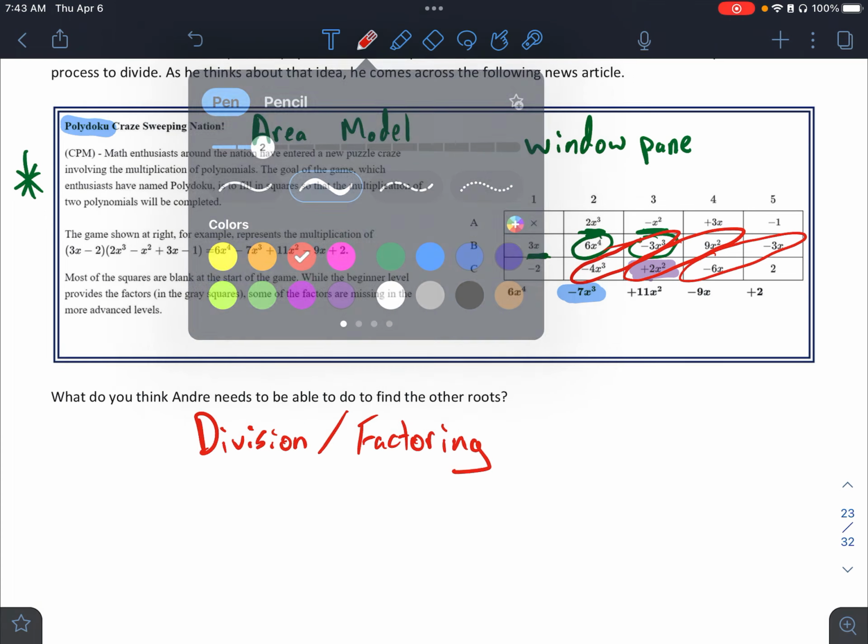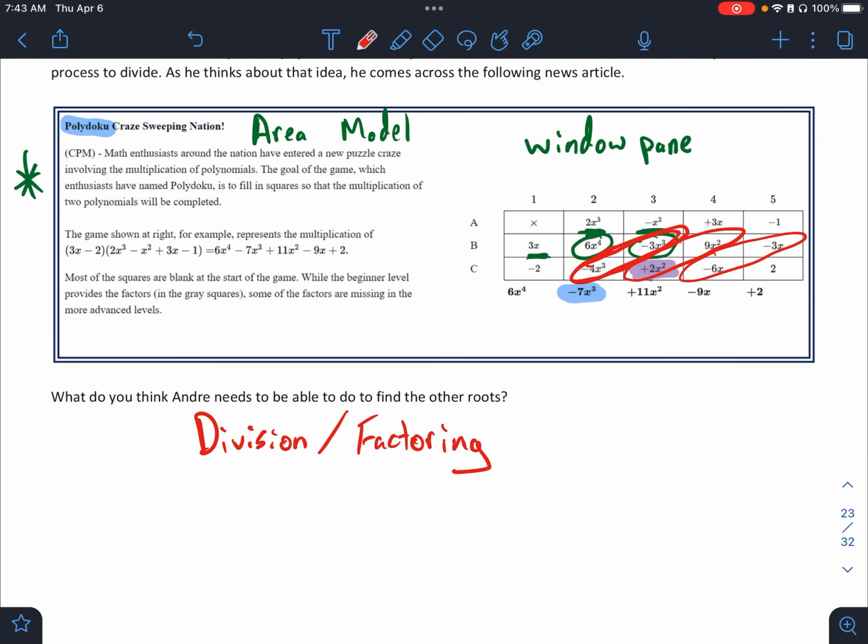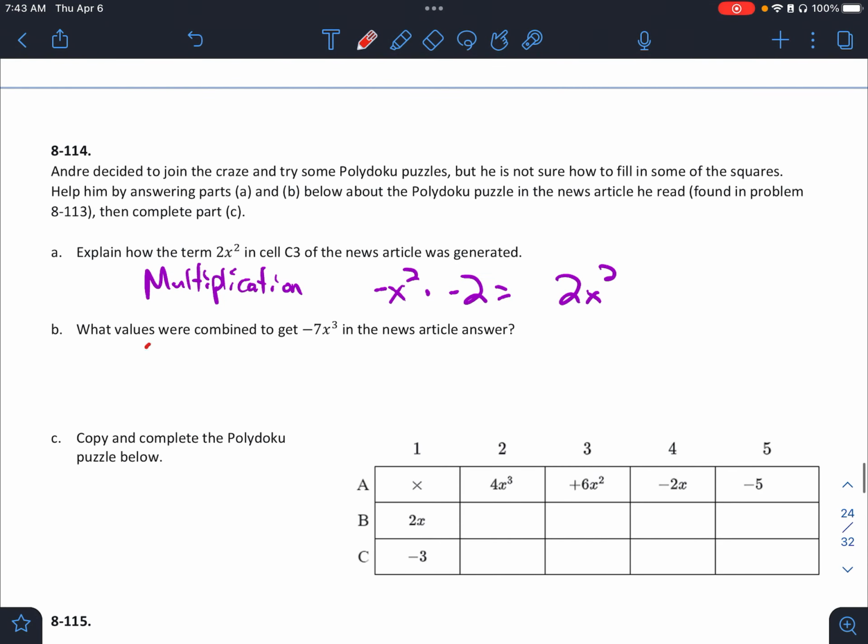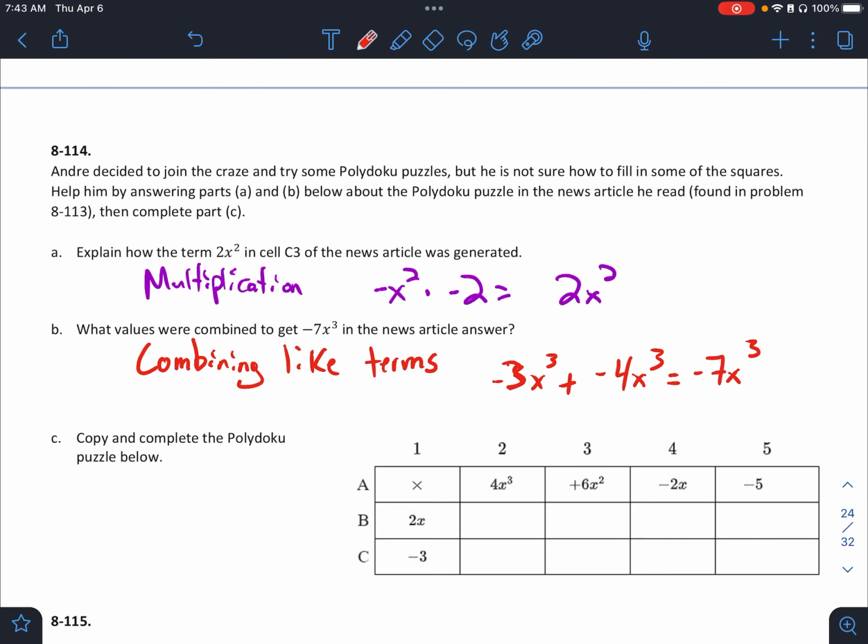Again, this is the combining of like terms after we multiplied, and this would be that negative 3x to the third plus negative 4x to the third gives me my negative 7x to the third.